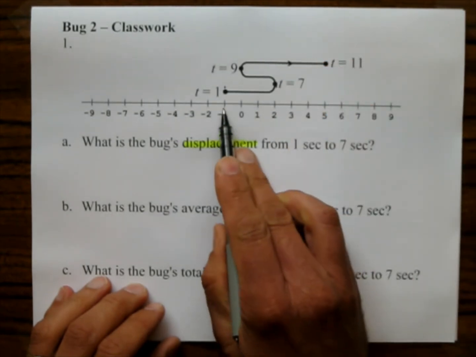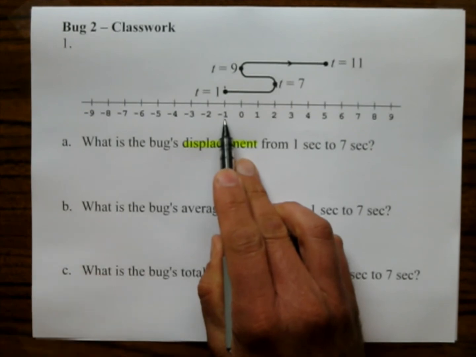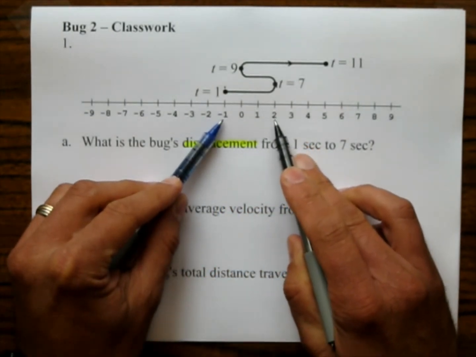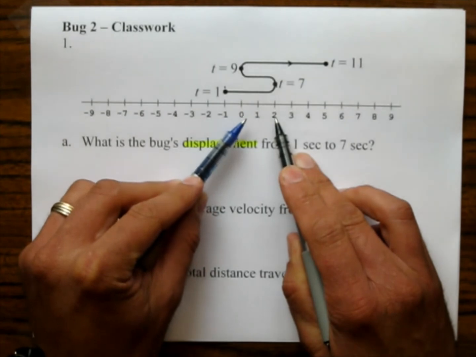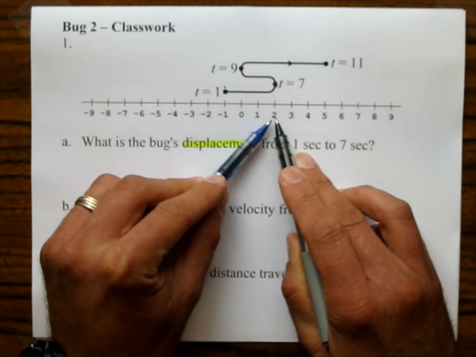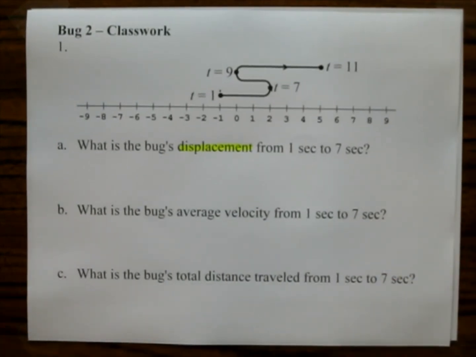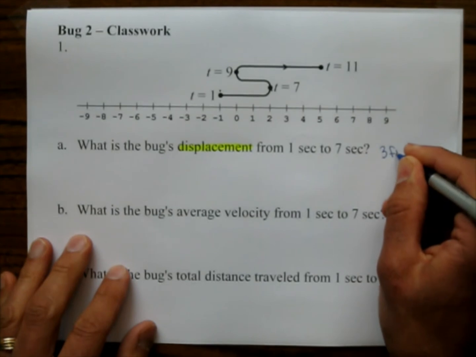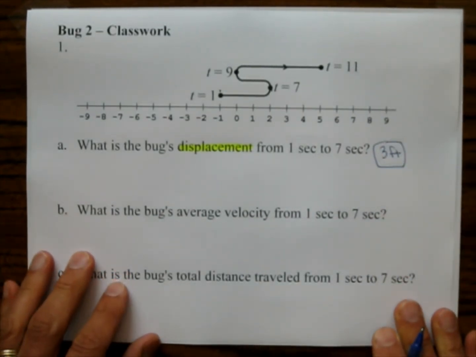So he started off here at 1 second, and we'll put a pin there, and at 7 seconds he's there. So his displacement is how much he's traveled, or where he's displaced. He's displaced 1, 2, 3. So his displacement is 3 feet. Okay.